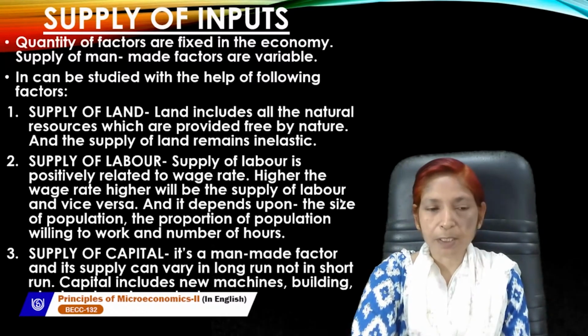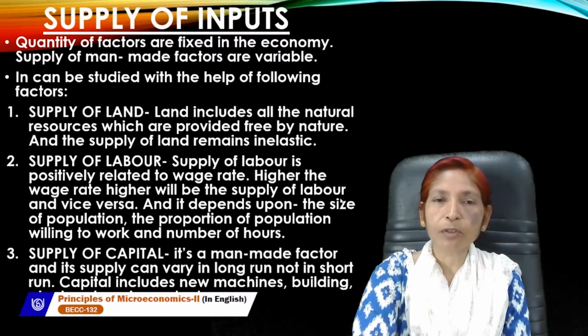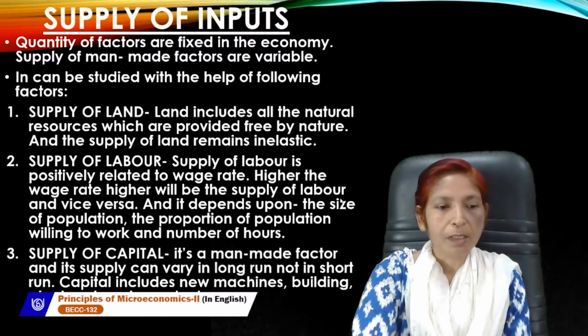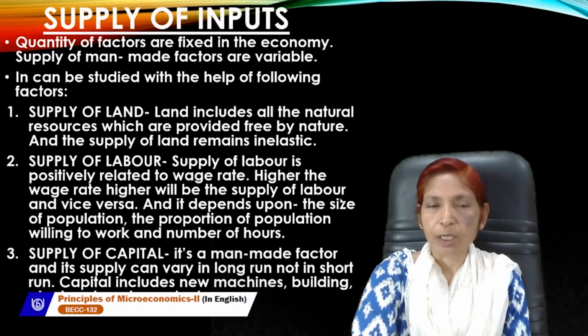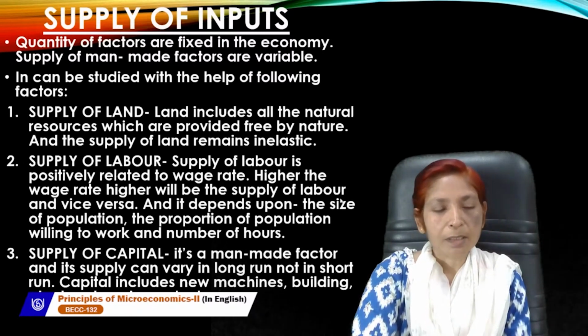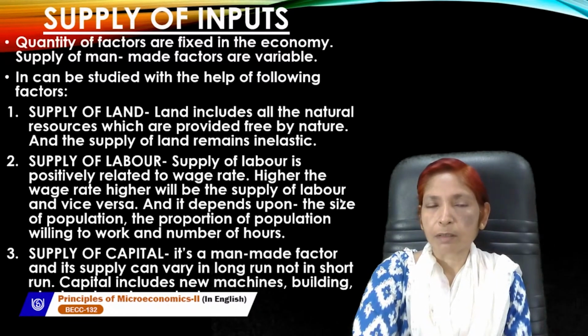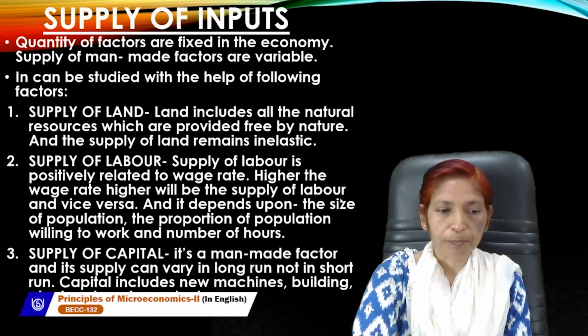The third factor is capital, which is also very important for the production of goods and services. Supply of capital is a man-made factor, and the supply can change. Supply of capital can change or vary in the long run, but not in the short run.